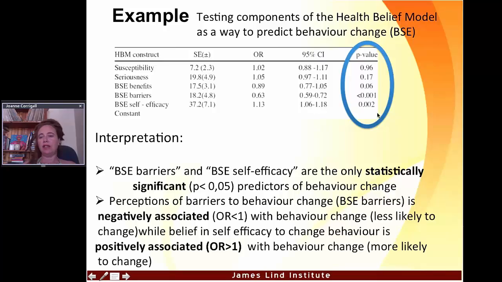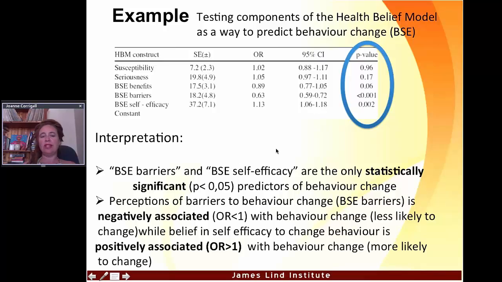The other finding that we can see is significant is those people who felt that they did have the ability to go and be tested were more likely, because the odds ratio is greater than 1, they were more likely to go and be tested, and that's also a statistically significant result.